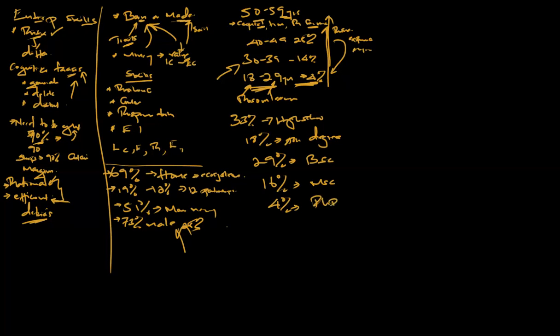Now, before I'm accused of coming up with suppositions that are not supported by data, correlation is not causality. Let's just first of all deal with that. So we cannot say that because 73% of the people are men, then men should start businesses or they'll be successful.